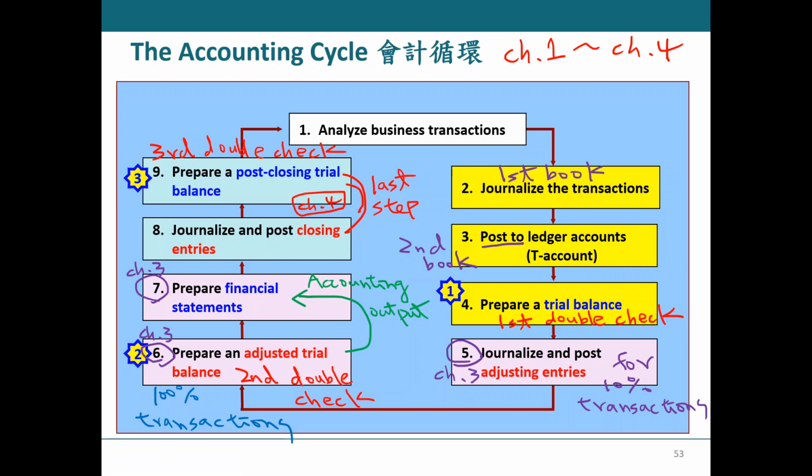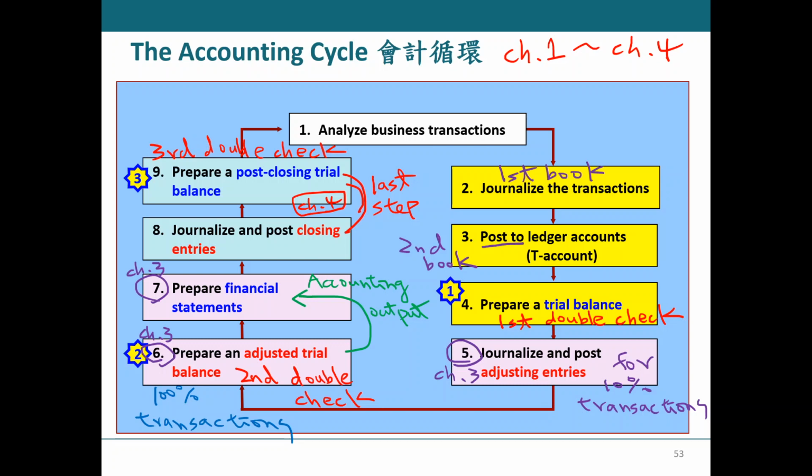Okay, if you don't have any problem with this, one question. For each step, how often do we need to do that? Analyze transactions, record on 2 accounting books. How often do we need to analyze transactions and record on 2 accounting books?